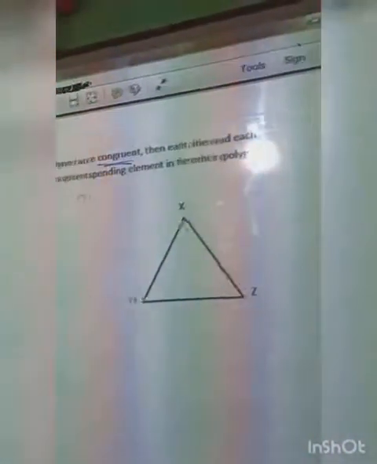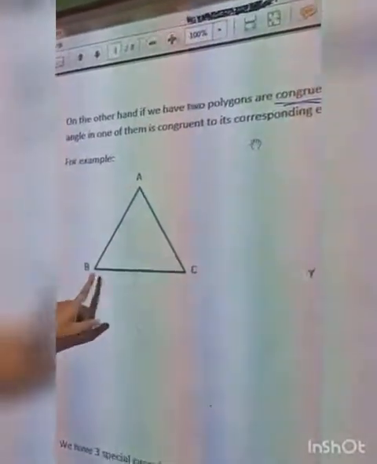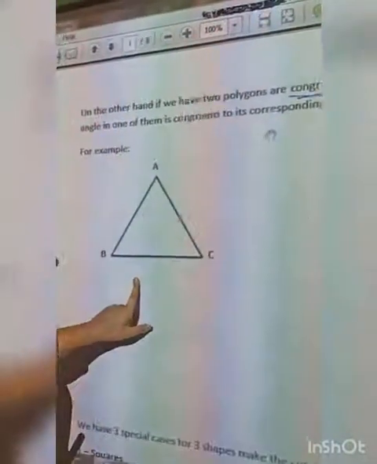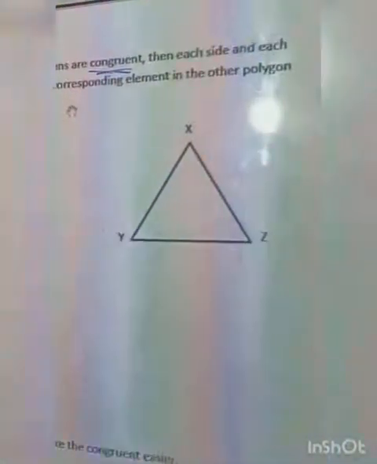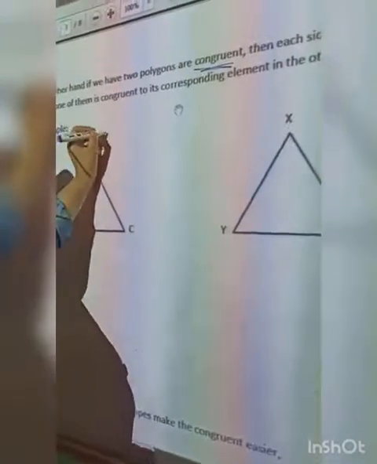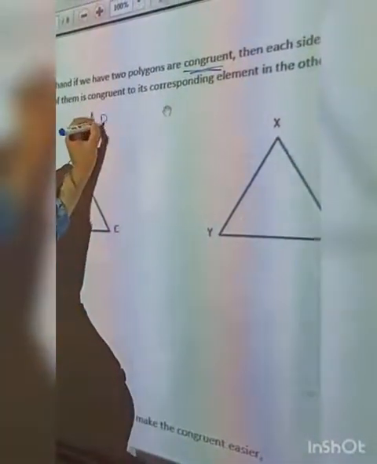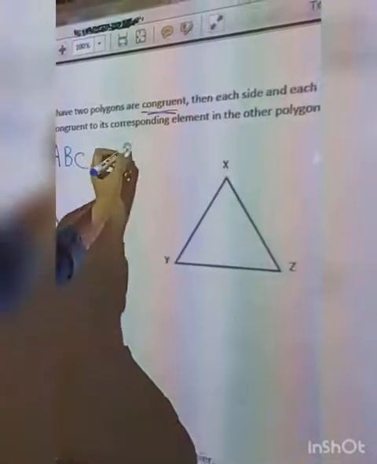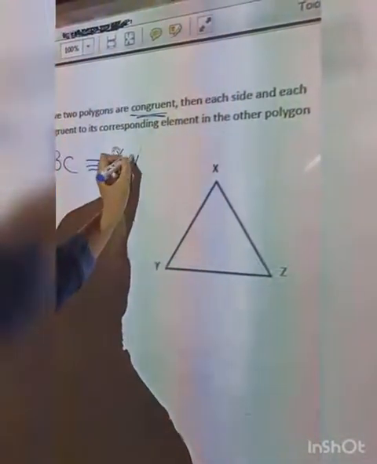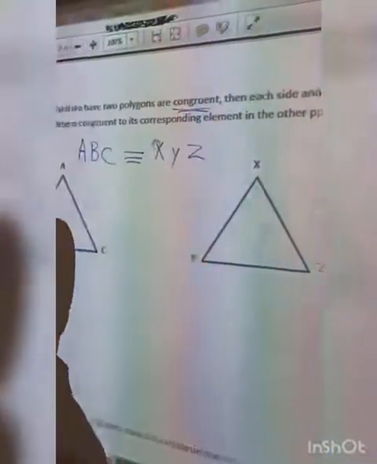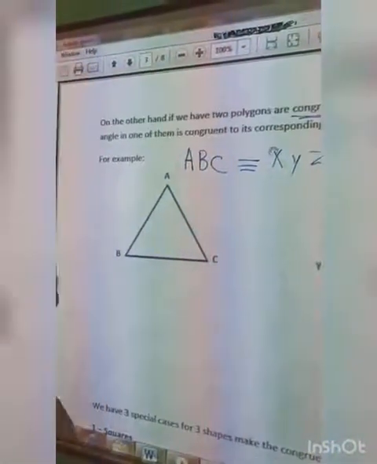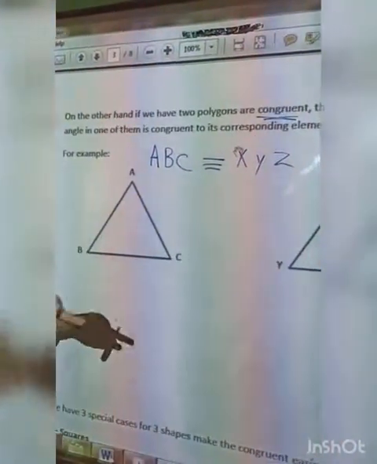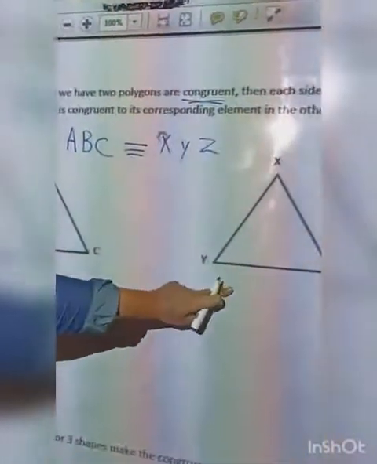For example, if we have the polygon ABC and the polygon XYZ, and we know that the polygon ABC is congruent to the polygon XYZ, then each side in this polygon is equal to the corresponding side in the other polygon.